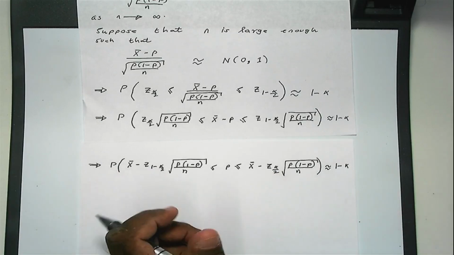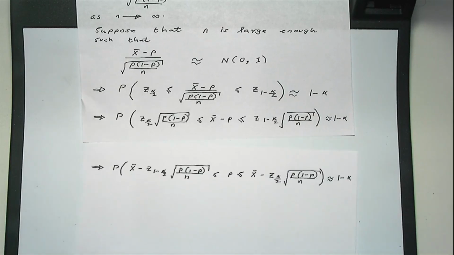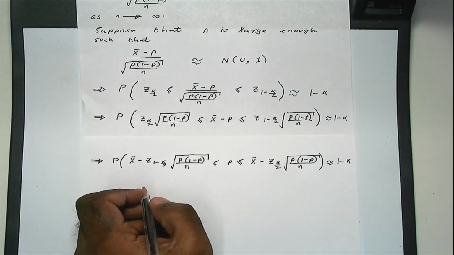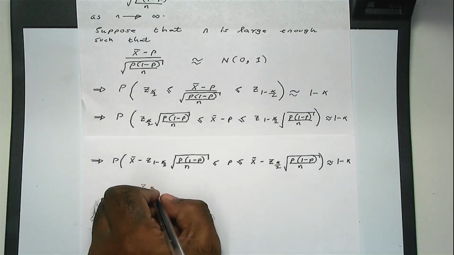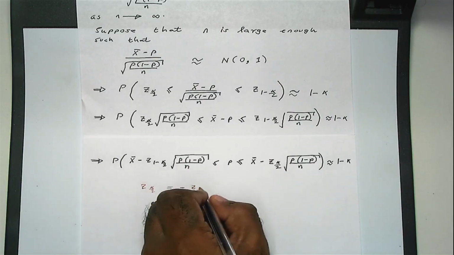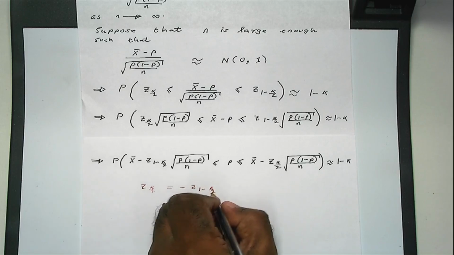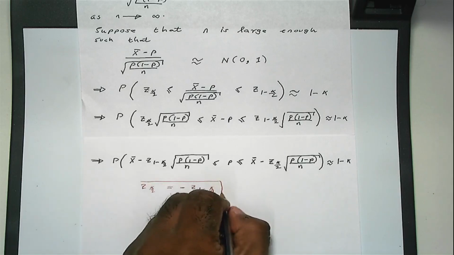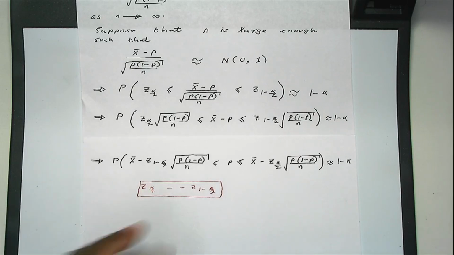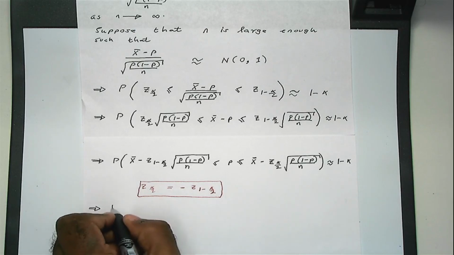So using the fact that z alpha by 2 is equal to minus z 1 minus alpha by 2, that's because of the symmetry of the standard normal distribution, we can write the above statement as follows.